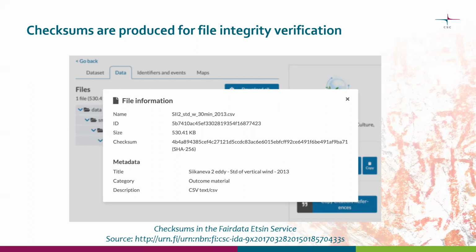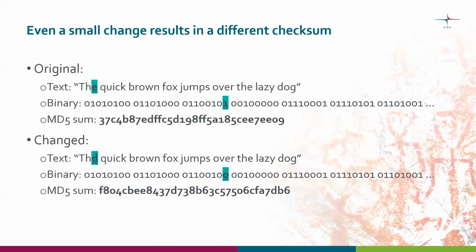Afterwards, when the checksum of the same file is computed again, it is possible to compare it with the original reference checksum. If these sums are identical, then the file has not been changed. But if they differ, also the file has changed.